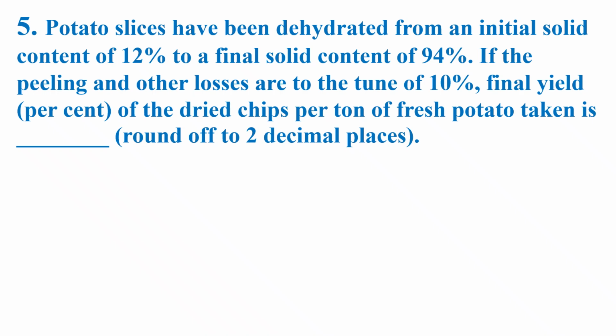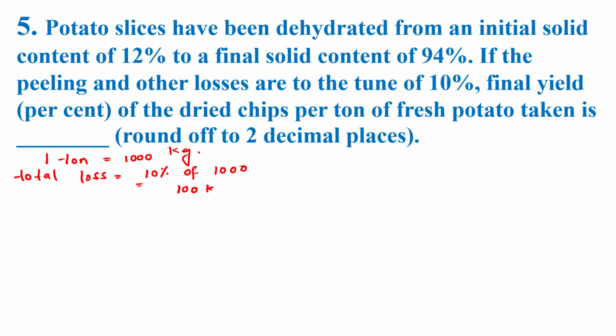So we'll take 1 ton. So 1 ton is equal to 1000 kg. So what is the total loss? That is 10% of my this 1 ton, that is 100 kg.